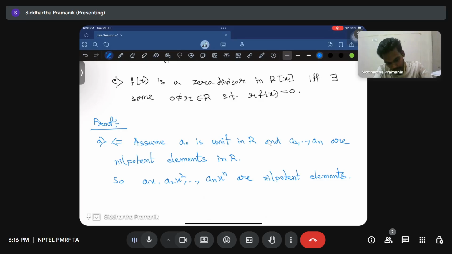And since these elements are nilpotent, and we know that nilpotent elements form an ideal, which we call the nil radical, consequently their sum a1 x plus a2 x square plus dot dot plus an x power n is nilpotent.